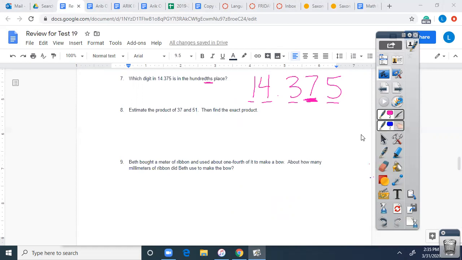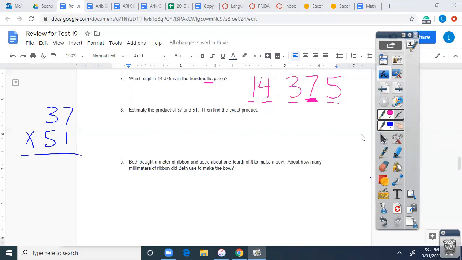Okay, now we are going to move on. We are going to estimate the product, so multiplication. Estimate the product of 37 and 51, and then find the exact product. So on your homework and on the test, you are going to have to do both of these. You're going to estimate and then actually find the real answer.